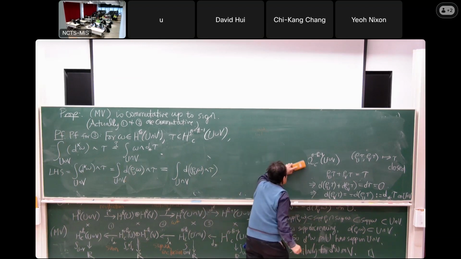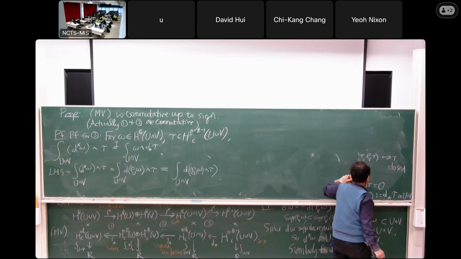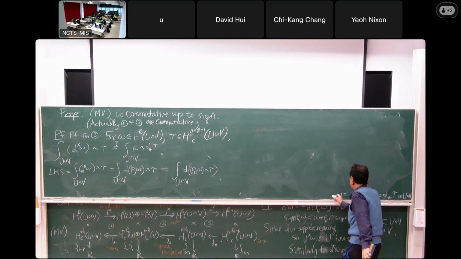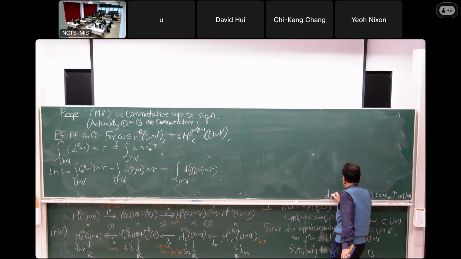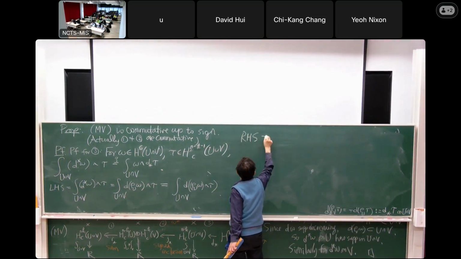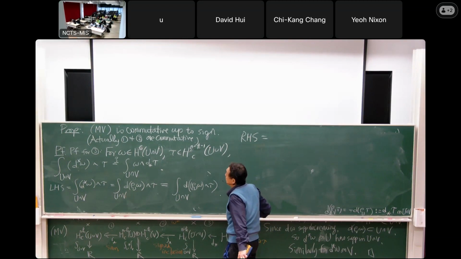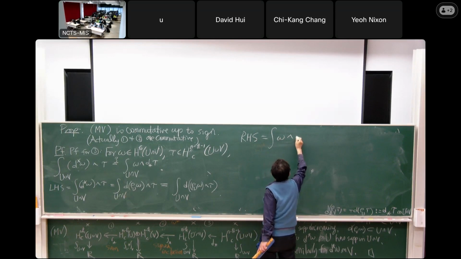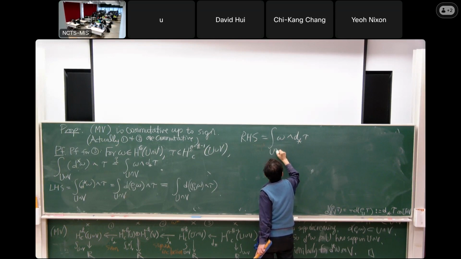And now let's do the right-hand side. So the right-hand side is the integral of omega wedge d lower star tau on the intersection.